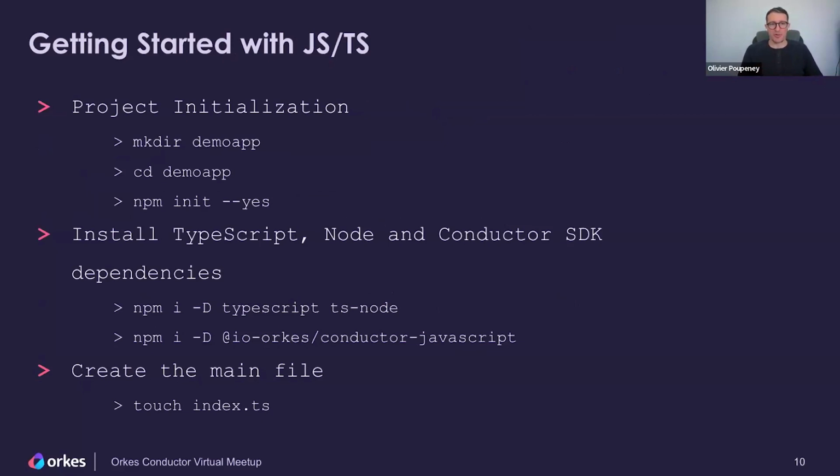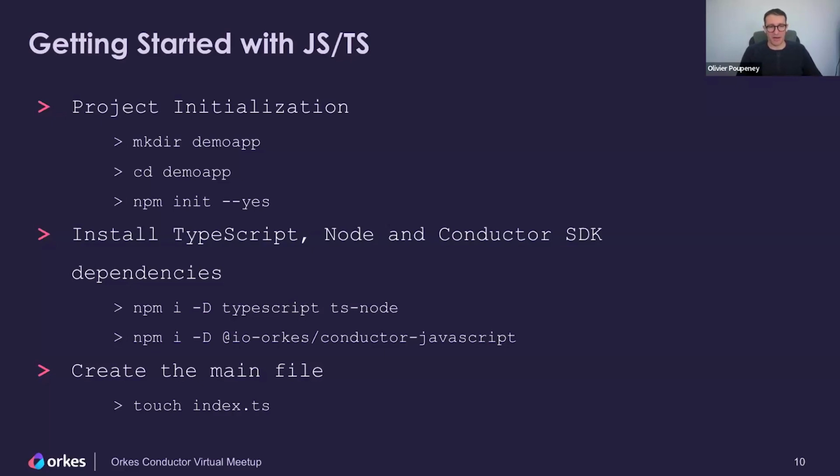First, you need your project initialization. So you're going to create a new directory. You're going to run npm init in order to have your package.json, and you're going to install your dependencies for TypeScript, for Node to run the app, and of course, the dependency for the Conductor JavaScript SDK. That can be done by running npm i -D for developer, and @io-orkes/conductor-javascript.